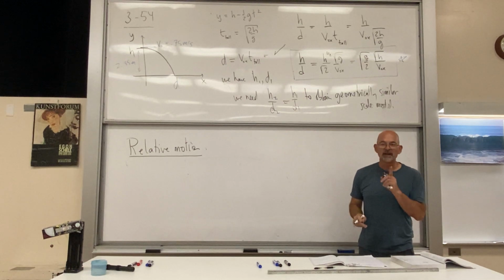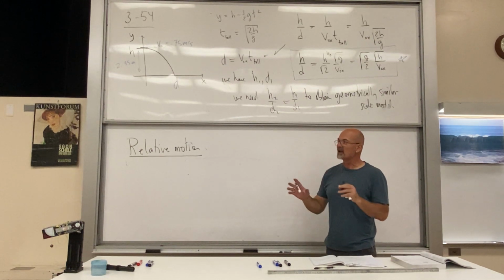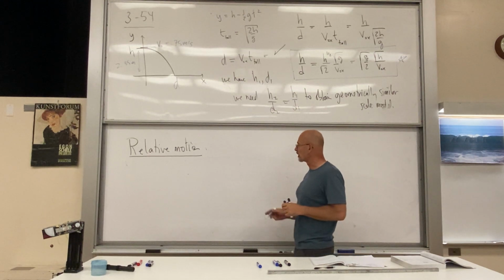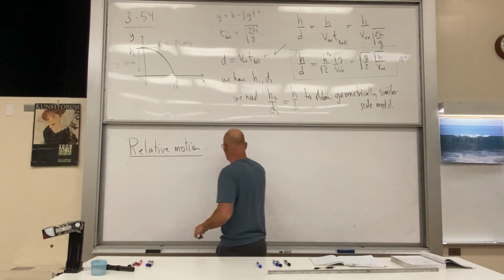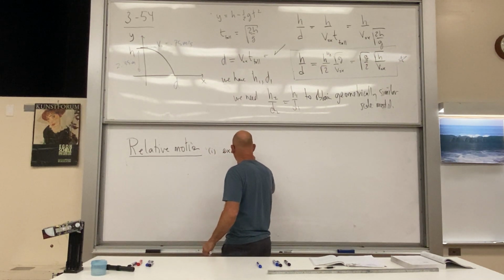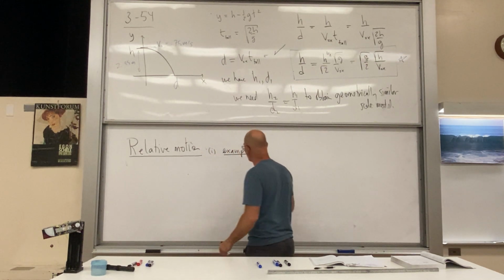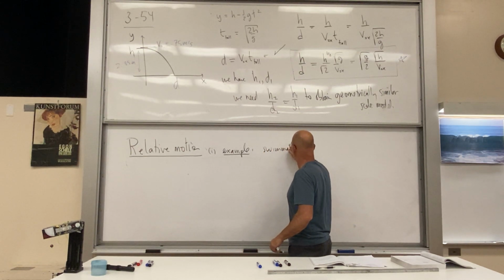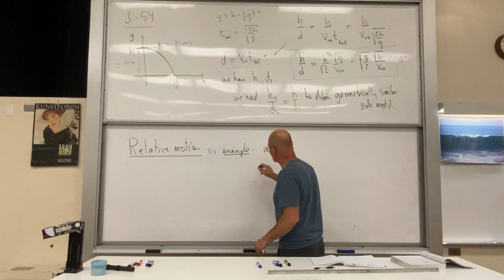Two good examples for this are an airplane flying in wind or a swimmer swimming against or in a current. So I'm just going to start with those examples, and the formula will come right off of this. So we have a swimmer trying to cross a stream here.